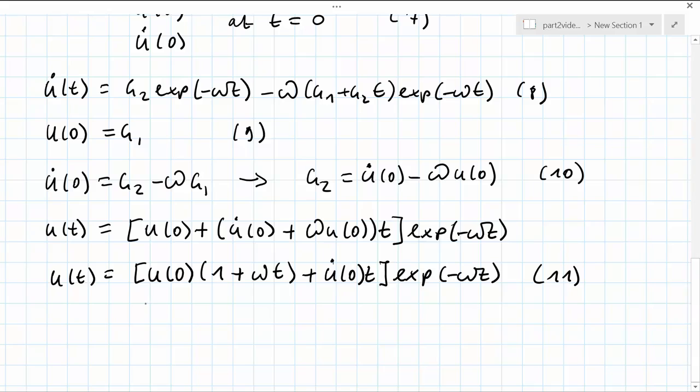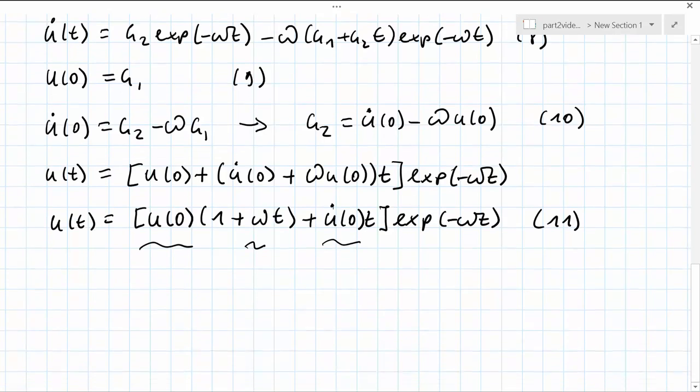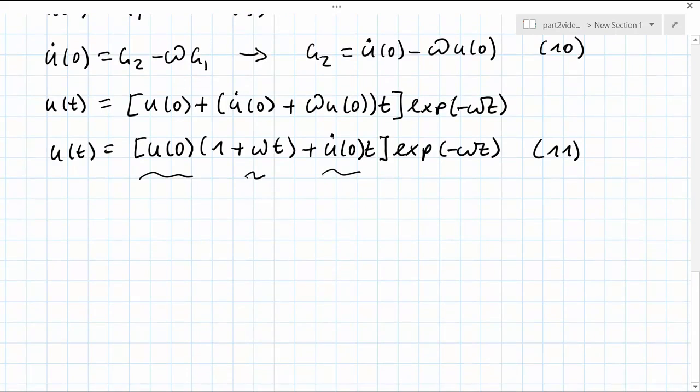Again, we know what our initial displacement is, we know what the natural frequency is, we also know what the initial velocity is. As a result of this, we can plot the response.